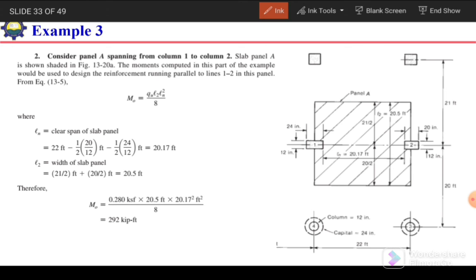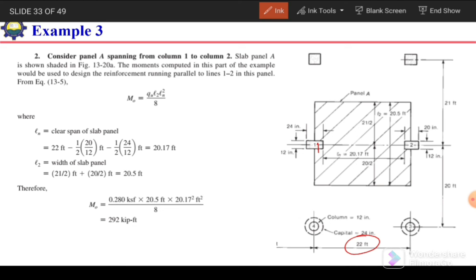Okay, now we have calculated Qu or Wu and L2. The next is clear span. The clear span is the distance from the face of one column to the face of the other column. The total span, the center to center distance between the columns or L1, is equal to 22 feet.